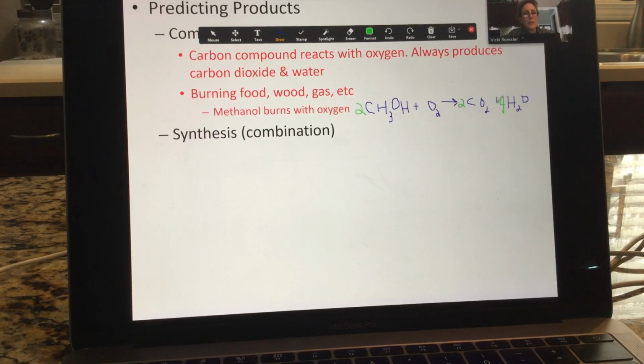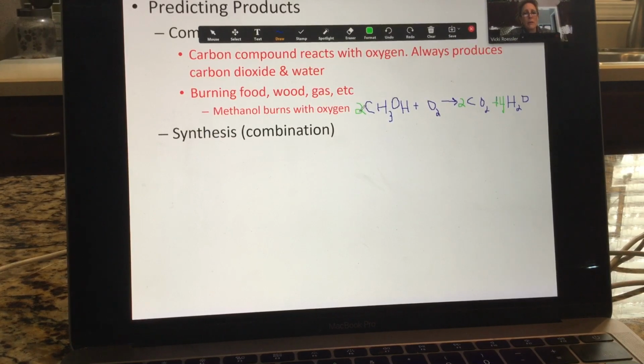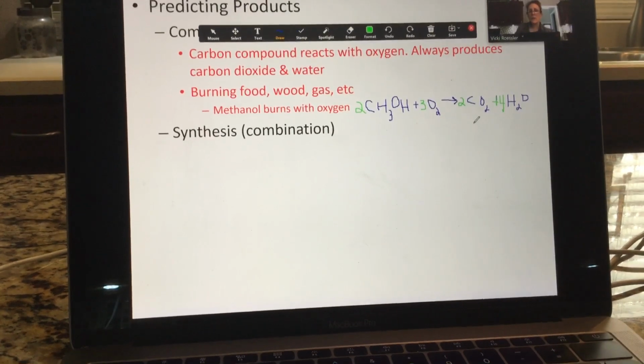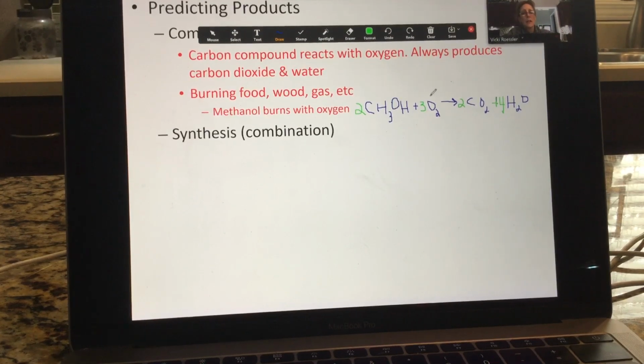Oops, I lost my plus sign when I erased. There we go. So now we have 8 hydrogens over here. And then let's check our balancing. So we have 4 and 4, 8 oxygens. We have 2 already here in the methanol, so we need just 6 more. So I'll put a 3.